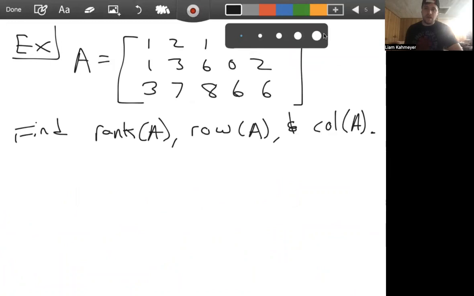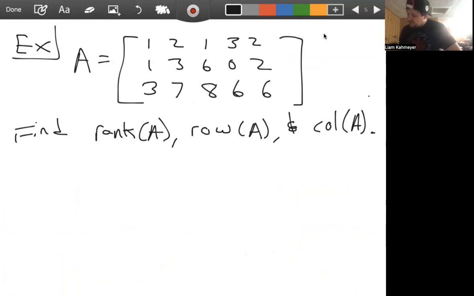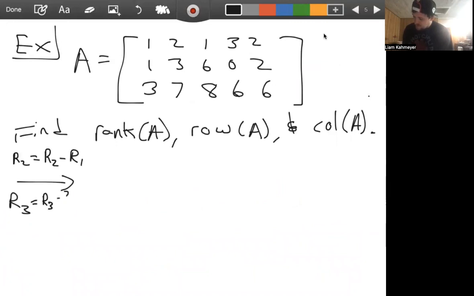Well, how do we find the rank? We have to find the number of pivot positions. To find the number of pivot positions, let's put this in reduced row echelon form. So what's the first thing I would do here? I would say row 2 is going to be replaced with row 2 minus row 1, and row 3 is going to be replaced with row 3 minus 3 times row 1.